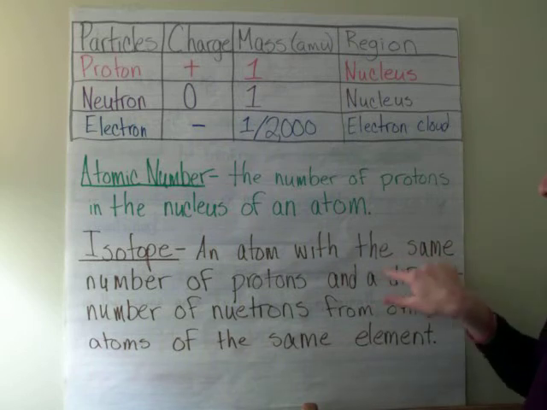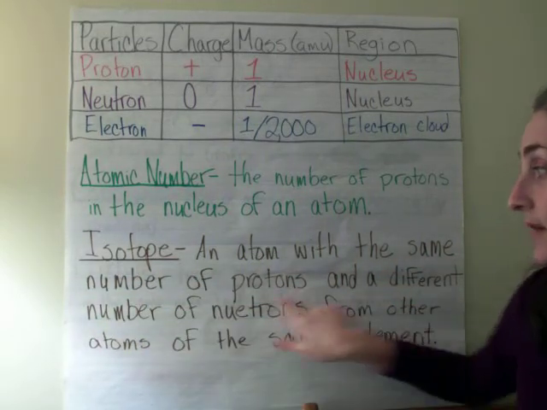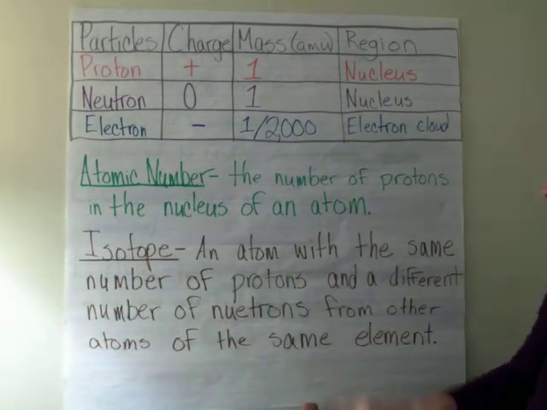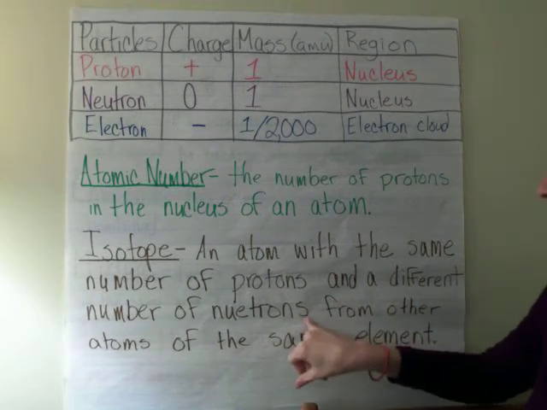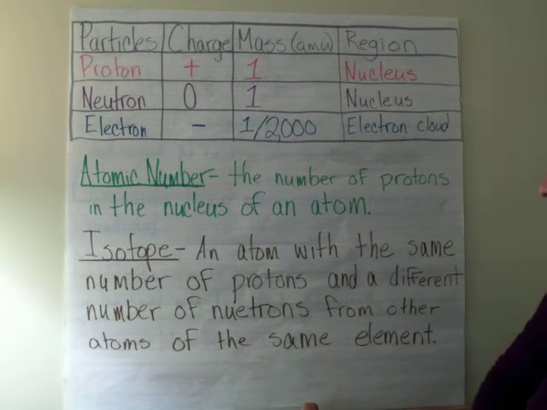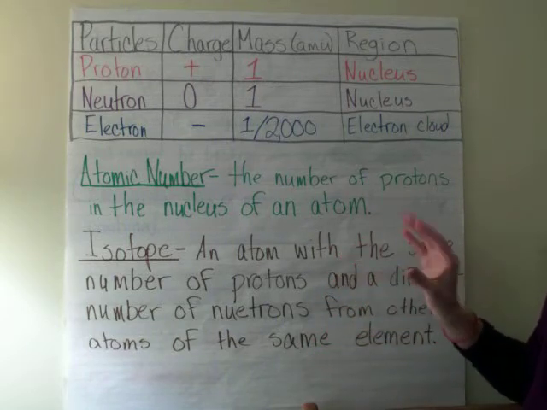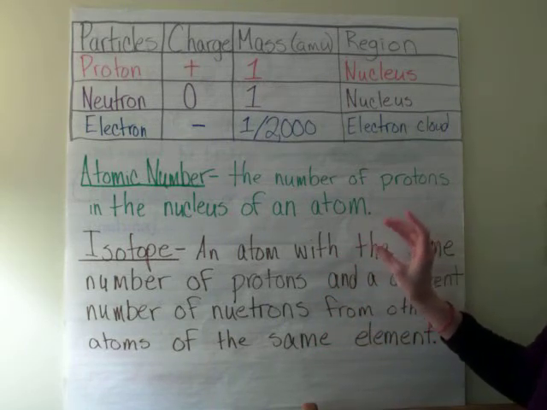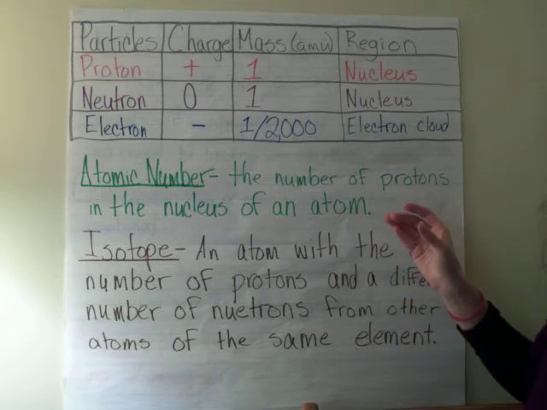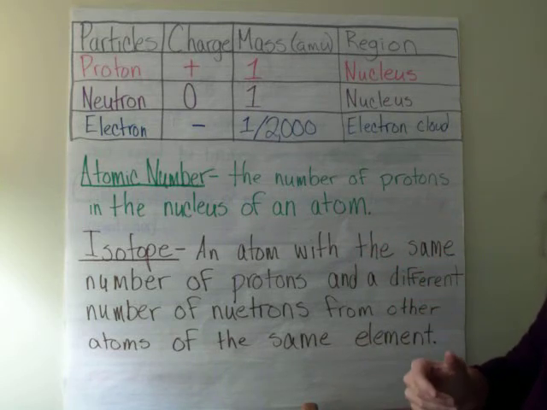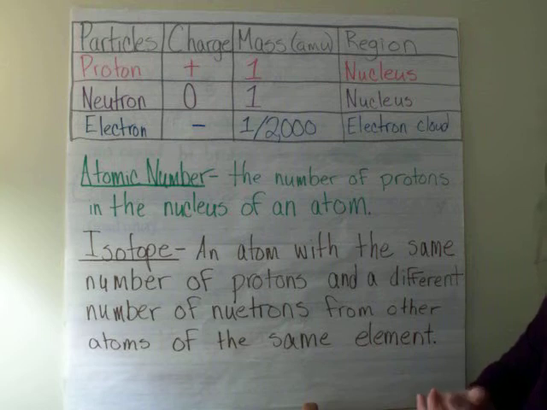So if it's got the same number of protons, it means we're talking about the same element. But it has a different number of neutrons. So the only thing different between isotopes of carbon might be, yes, they both have 6 protons and 6 electrons, but they've got different numbers of neutrons.